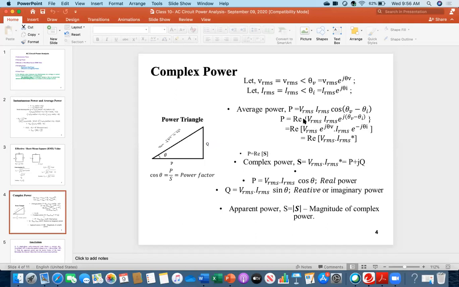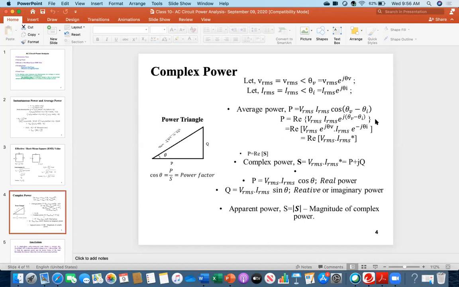In the second line I have written real of, then in brackets, VRMS IRMS e to the power j (theta V minus theta I). If I use Euler's identity, I will get two terms here, cosine of this plus j sine of this. But the first term that I have written is the real part. That's why I am saying the real of this is this.